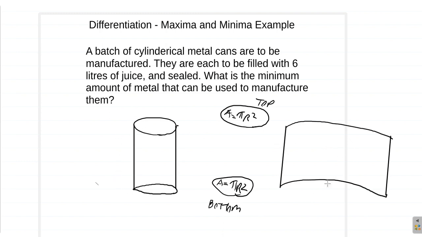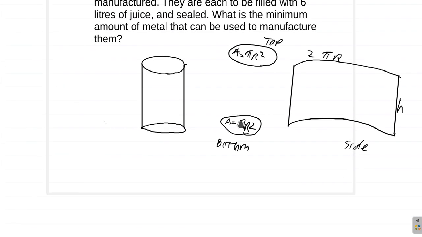What about the side? So here now, we have the height, call it h. But the length here is the circumference, which will be 2 pi r. Remember that? Circumference of a circle is 2 pi r. So when you cut this here and spread it out, from here to here will be the 2 pi r. And you have the height h.